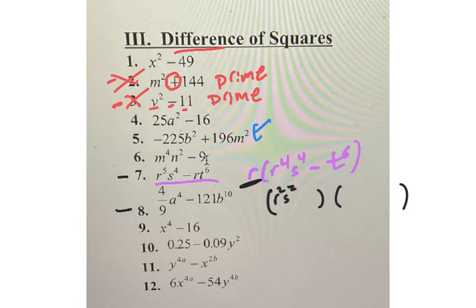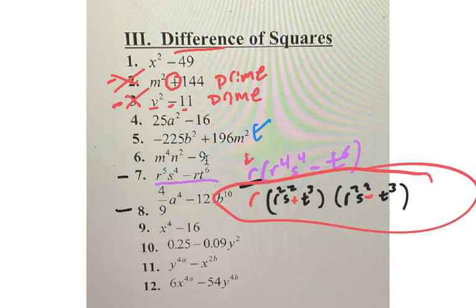The square root of the first term and the square root of the first term here as well. The square root of the second term is T to the third and T to the third. And then for a difference of squares, we alternate the signs between them. One is positive, one is negative. Just don't forget you have an R here. And so this is now factored for 7.